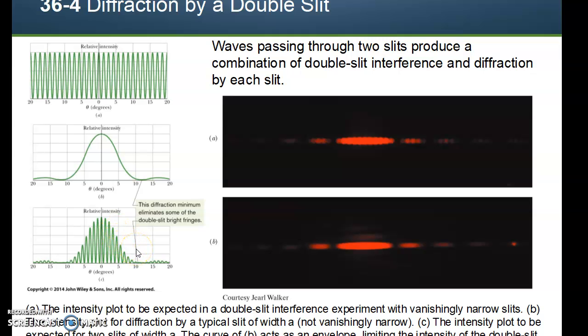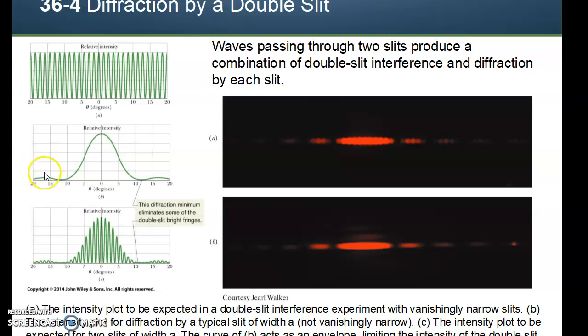So by having a double slit, you have vanishingly narrow slits, and the intensity plot for diffraction is typically as it is shown here, right? The intensity plot expected for a double slit of width A is shown right here, okay?